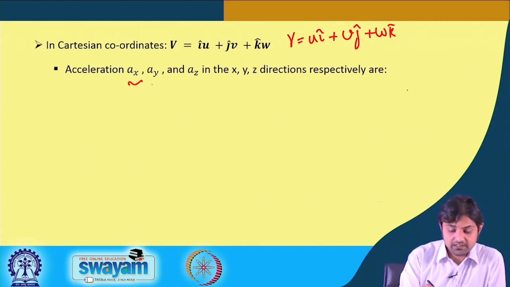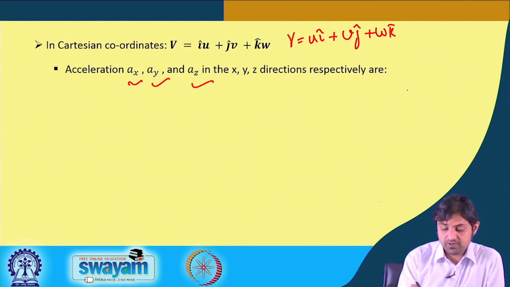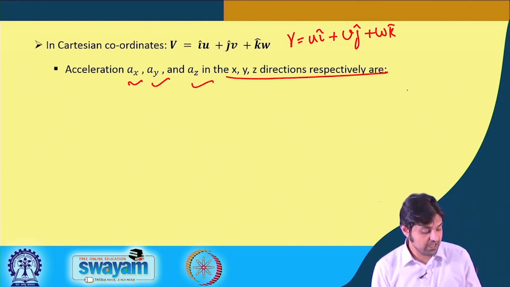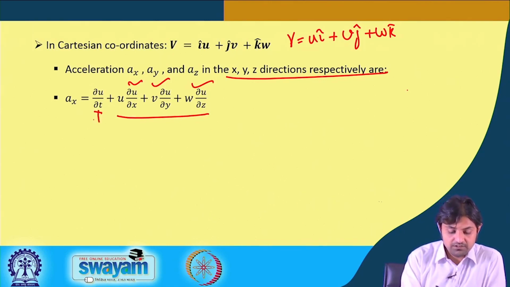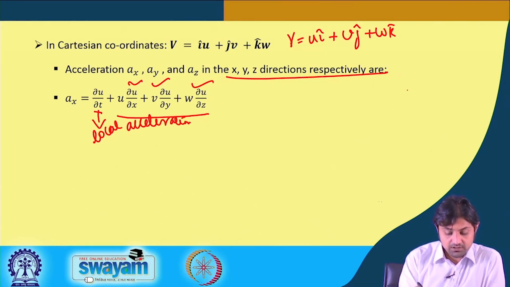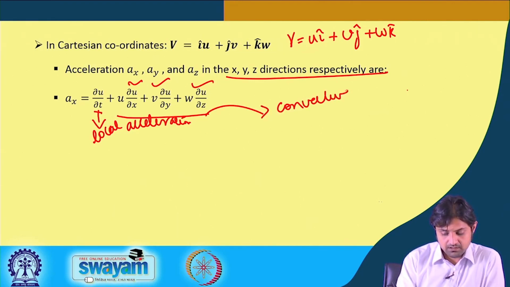Acceleration Ax, Ay and Az in the x, y, z directions respectively are: Ax will be written as del u del t plus the convective terms, where del u del t is the local acceleration and the rest is the convective acceleration.